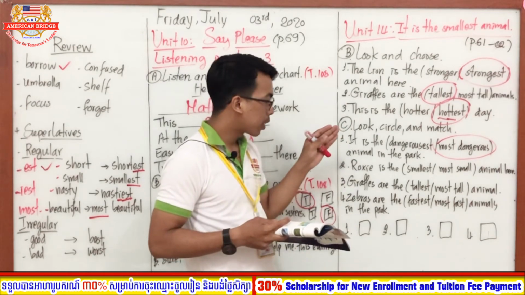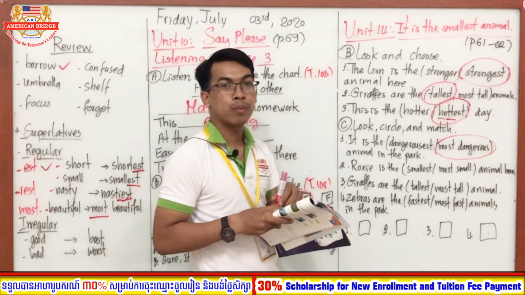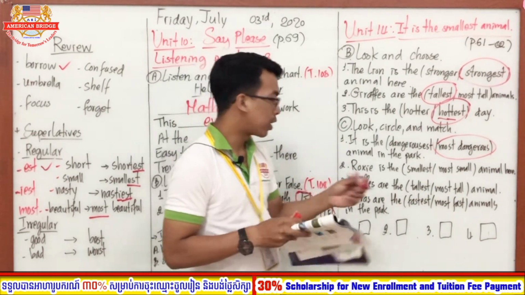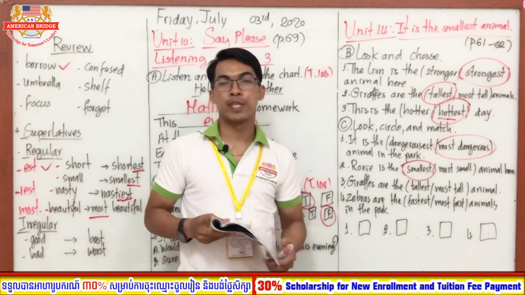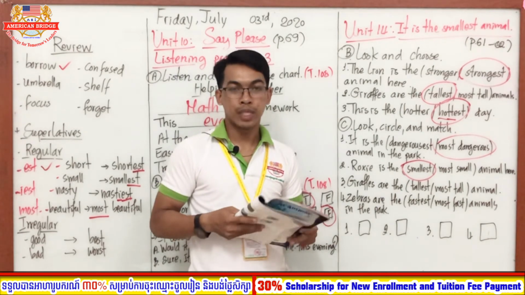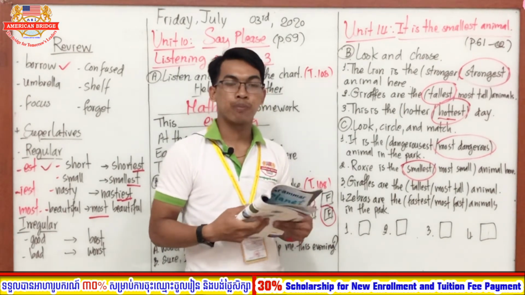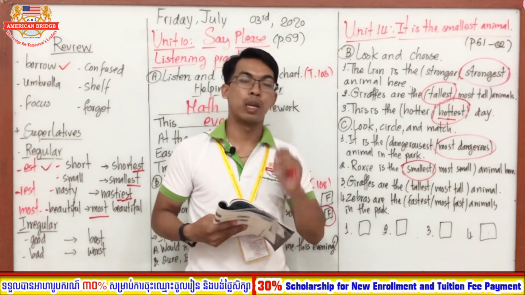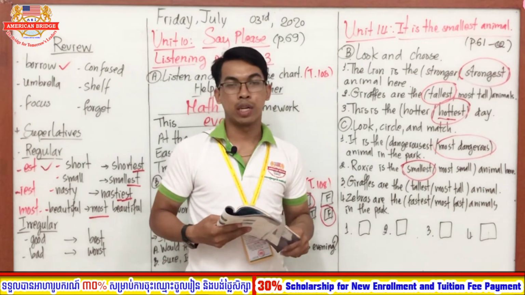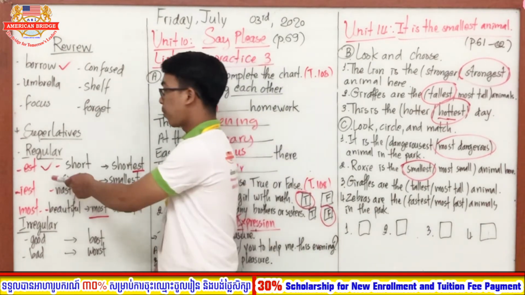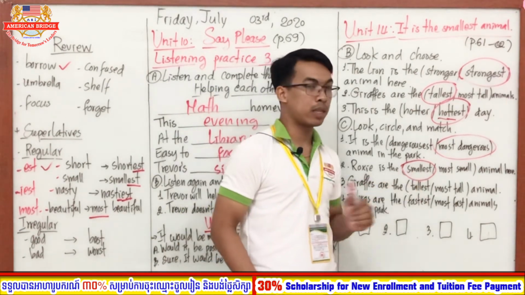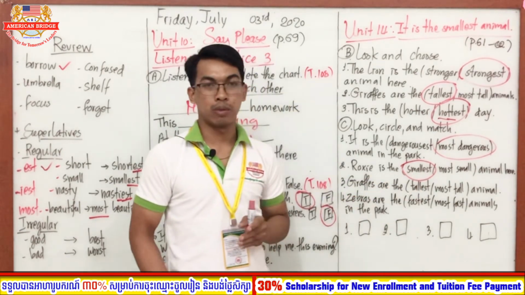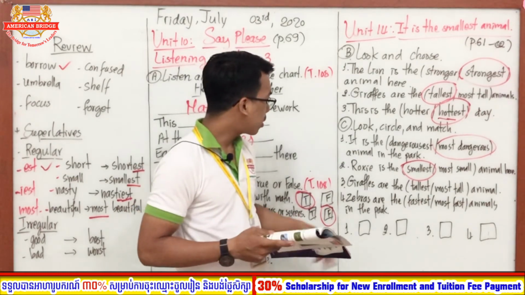Whether first or second? Yes, very good. First one. Why did you choose the first one? Yes, of course. Because the word small has only 1 syllable, so it goes to the first form, regular. So we just add est to the last letter, and it becomes a superlative adjective. Good. So now let's move on to number 3.